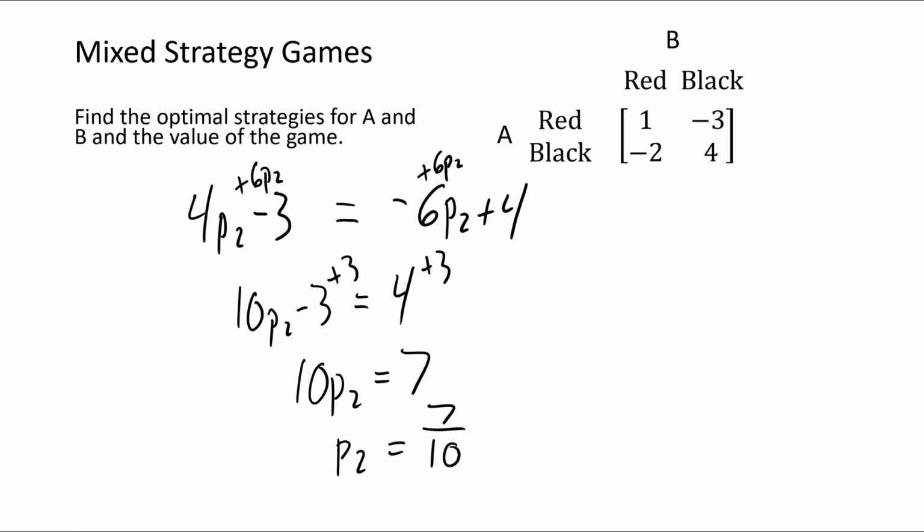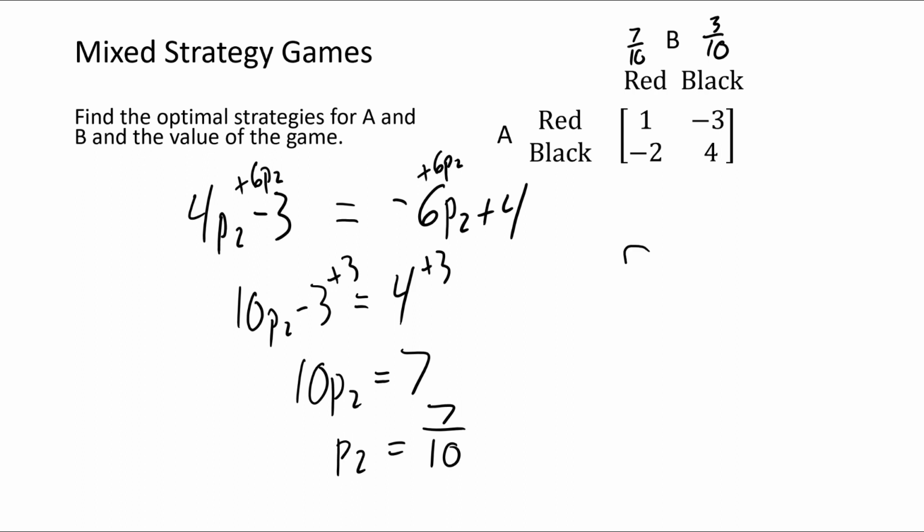So if player B chooses the red card 7/10 of the time, so we'll write that down, 7/10 for the red card, then that means they would choose the black card, of course, 3/10 of the time. That's 1 minus P2. And if they played like that, that would be their best or optimal strategy.